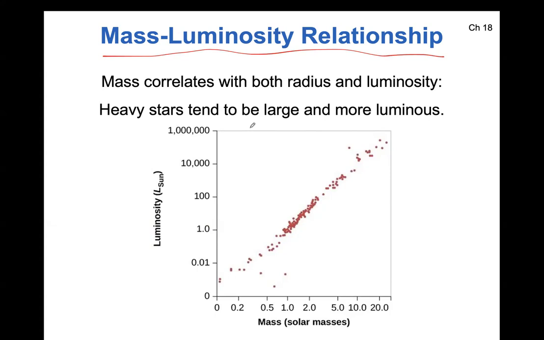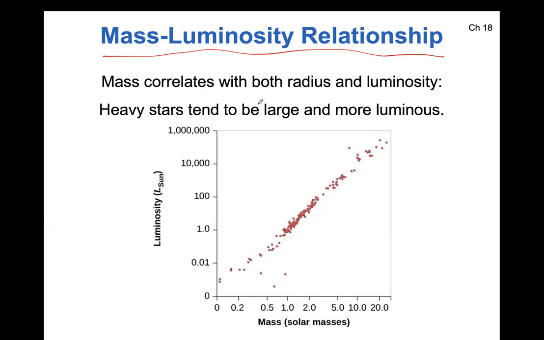Just remember that if you're not told otherwise, you're talking about a main sequence star. If the slides or a discussion question say a star, they mean a main sequence star. Usually it is specified, but every so often it's not, and then it's main sequence by default. That's the vast majority of stars.